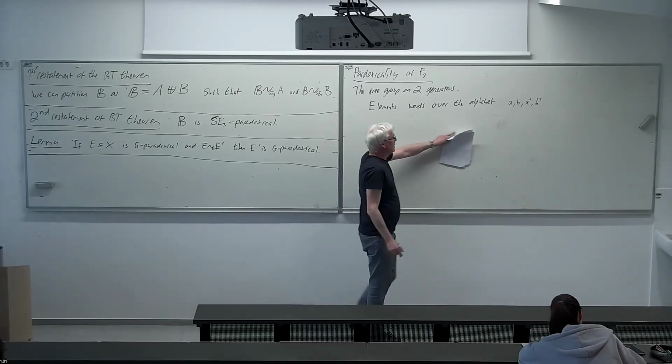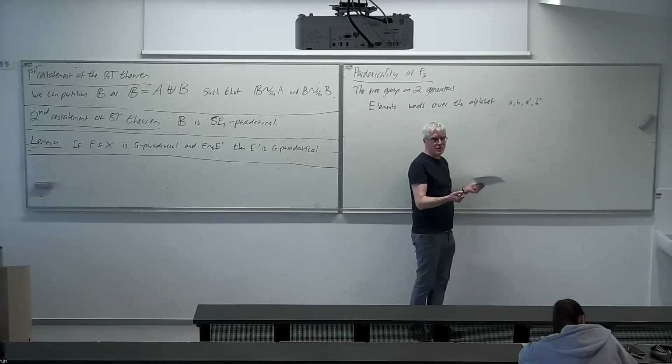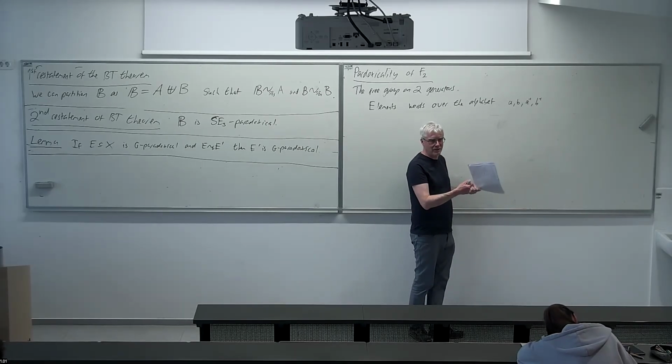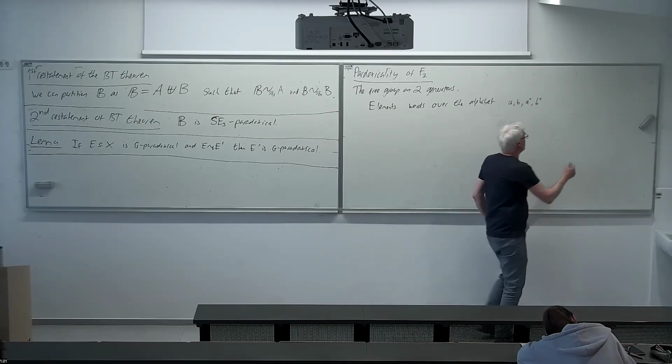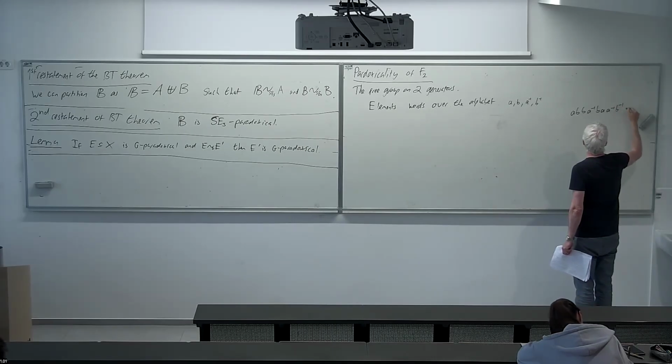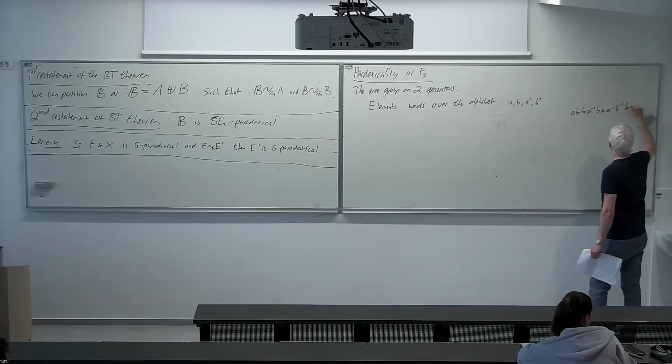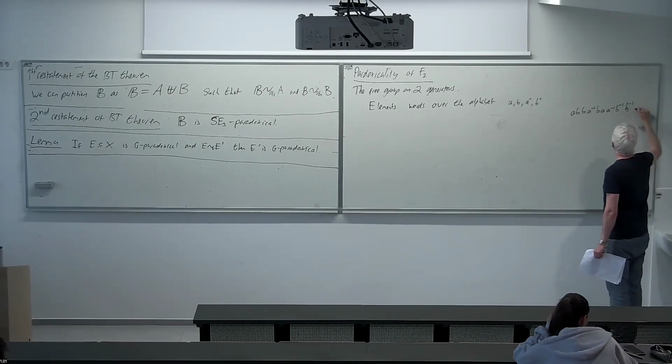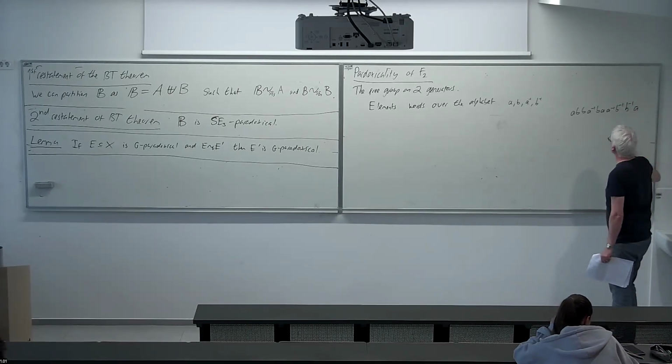And the idea, we've got two words and we can multiply them by concatenating the words. So an element of the group will look like a, b, b, a to the -1, b, a to the -1, b to the -1, b to the -1, a, something like that.